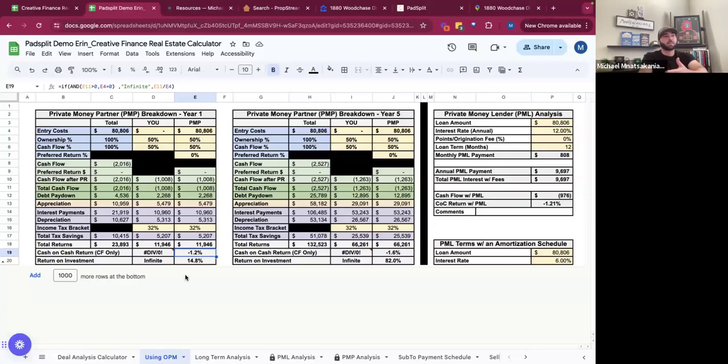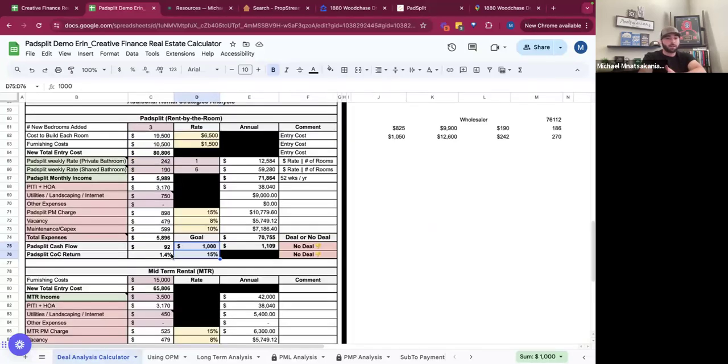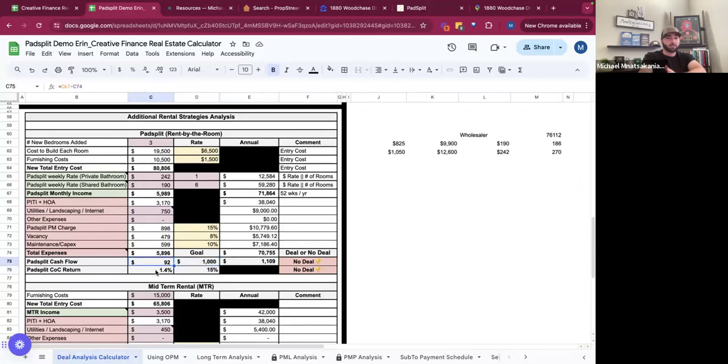Okay. Just to put into perspective, I personally would never do this deal as a buyer or a lender. As a buyer, right? $92 a month of cash flow and 1.4% cash on cash return. That ain't doing it for me. I'm not going to put $81,000 of my own money to make $92 a month.